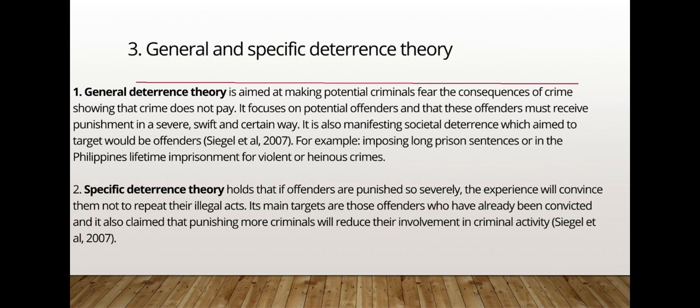That's general deterrence. Kumbaga, yung punishment is para sa panglahat. Ang pagpapataw ng punishment or kaukulang multa is para ma-deter or ma-prevent yung mga tao sa community na magtapon ng basura.